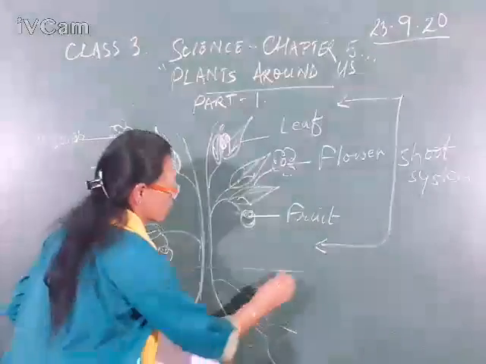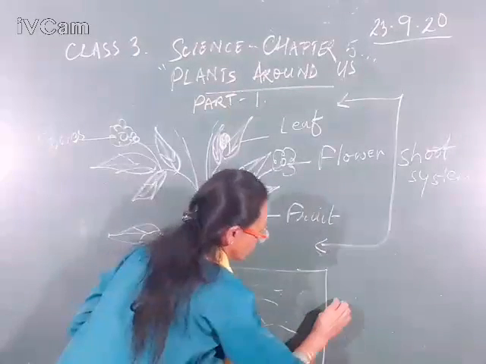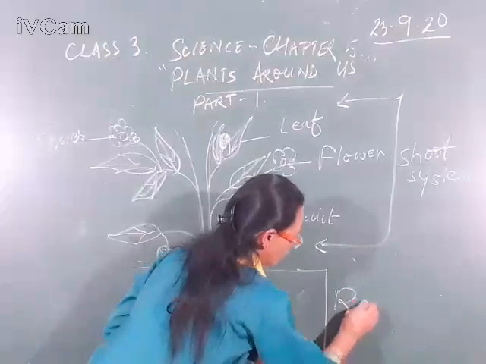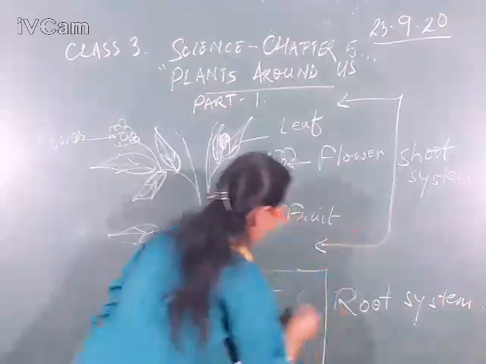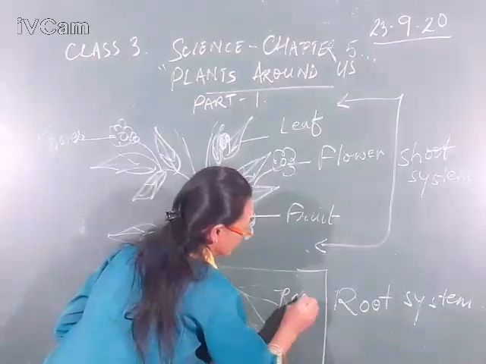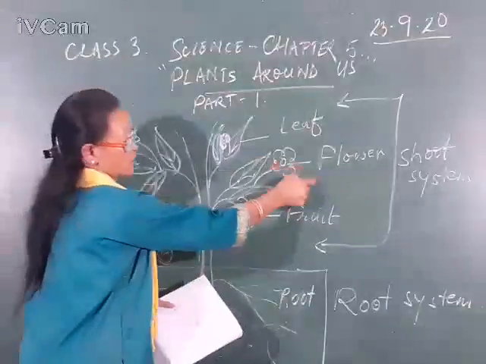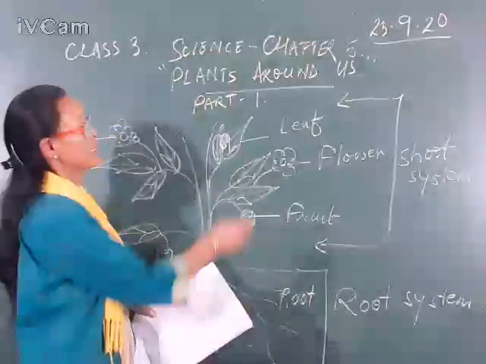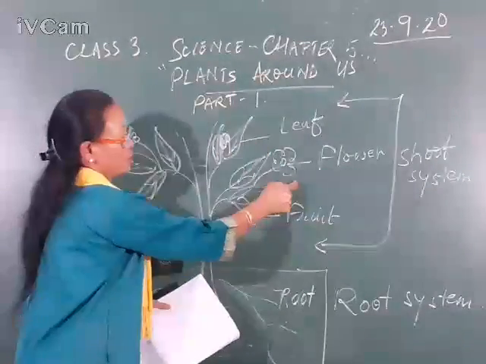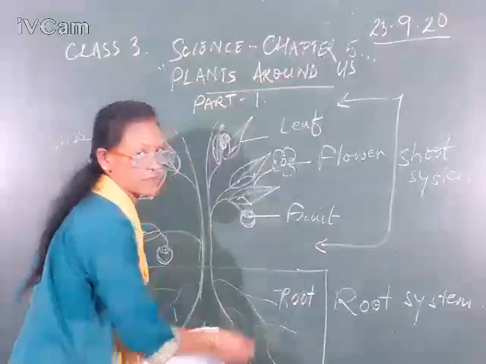And the other one is called the root system. So plants are made up of two parts, that is the shoot system and the root system. The shoot system has a leaf, flower, fruits, and the root system has roots in it.